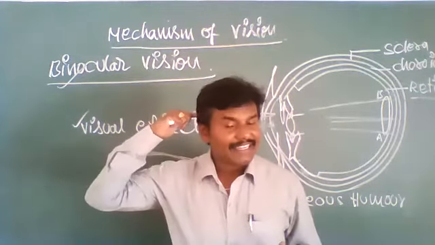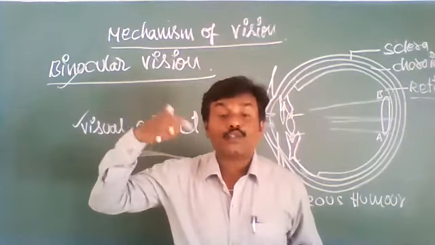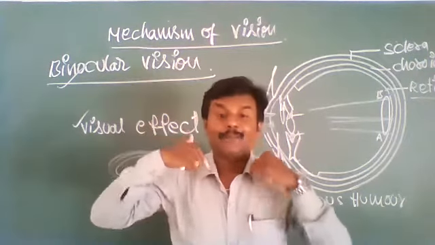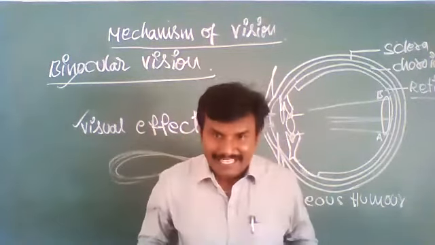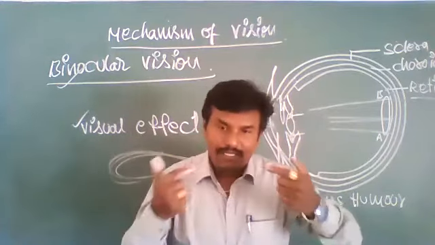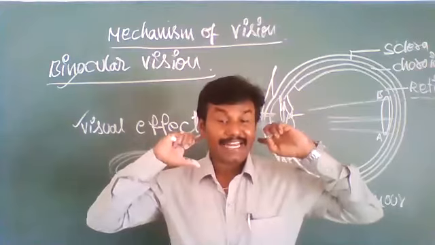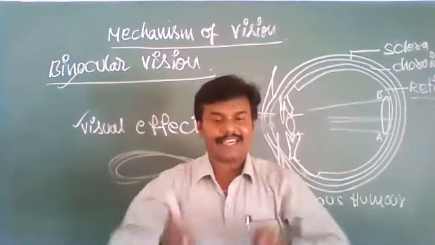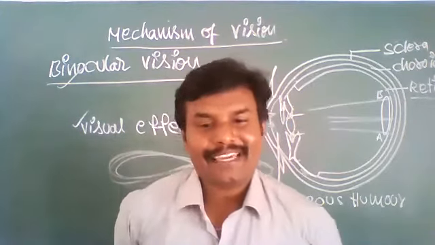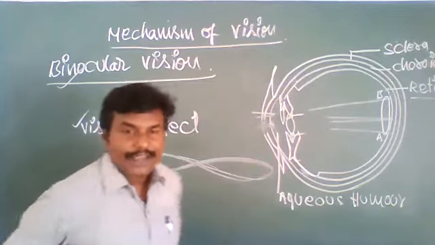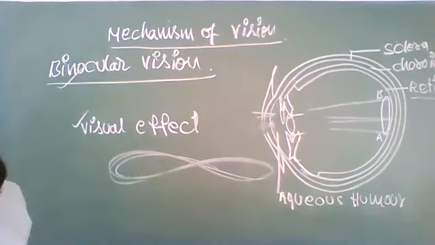In the brain, the images are understood by the brain cells and finally produce one image. We cannot see two images. Two images go to the brain, but when the brain cells understand and produce the final image, it becomes a single image. That is called binocular vision.